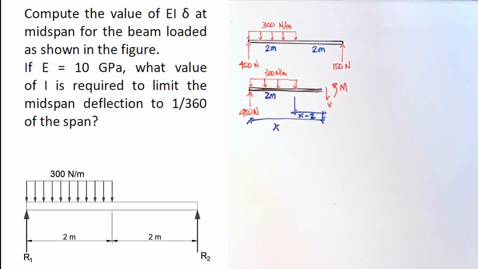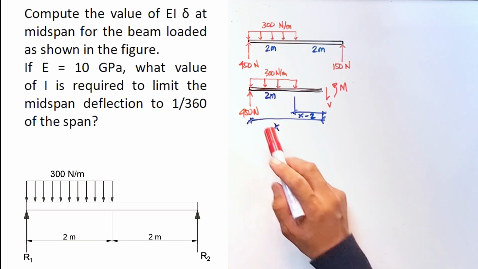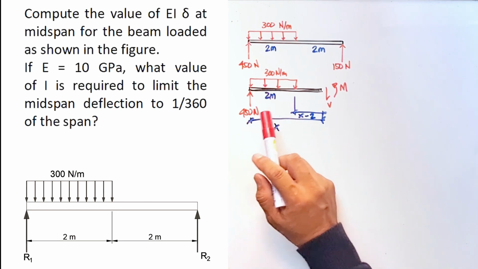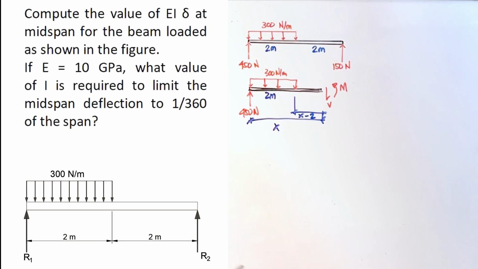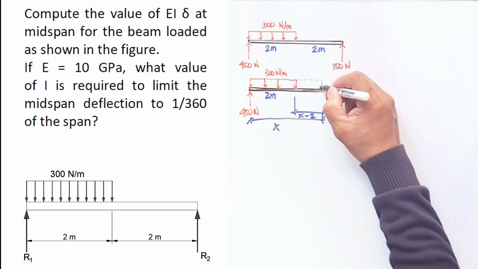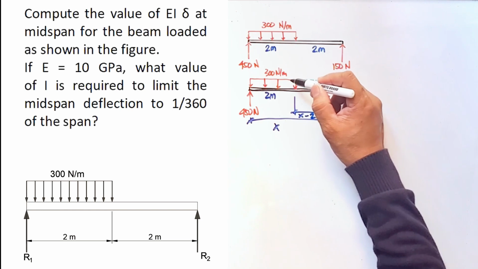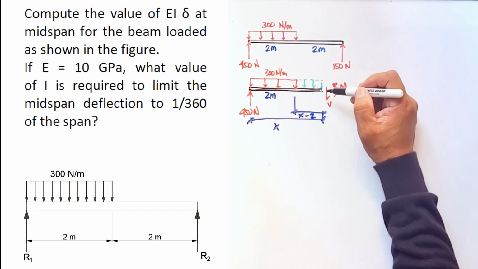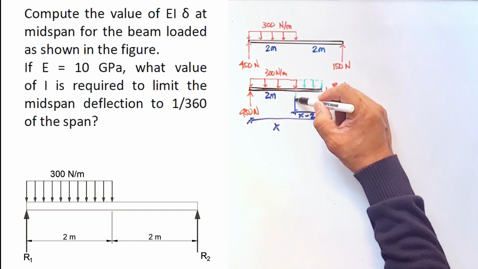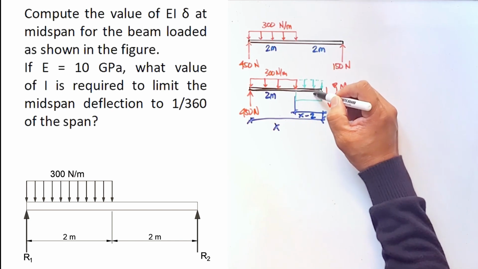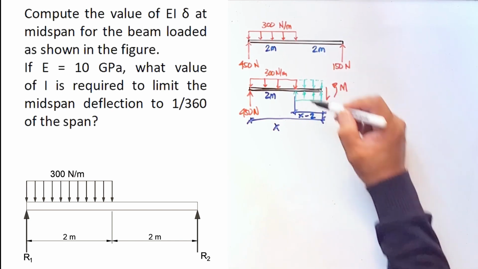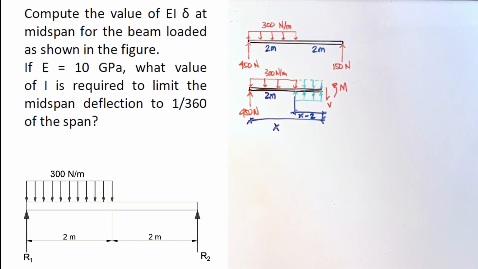For double integration method, the uniformly distributed load should be continuous up to the section. So in this case, we need to add this to make this uniformly distributed load continuous up to this section. Because we add this one, we need to subtract this part also. So it's like adding 0.